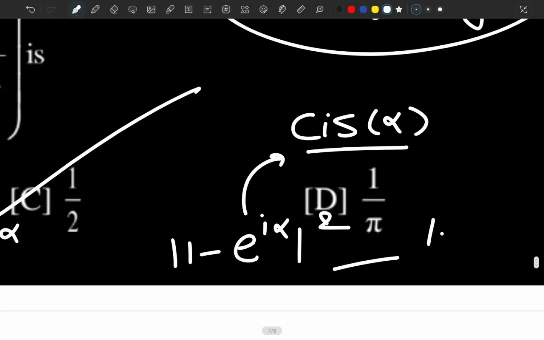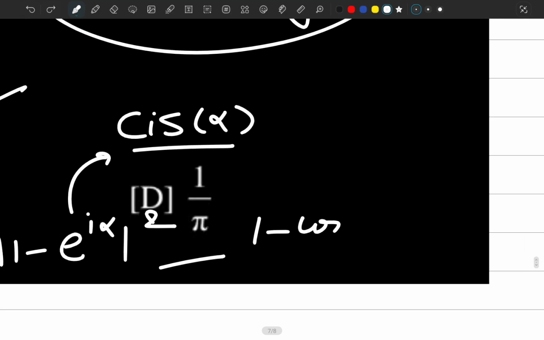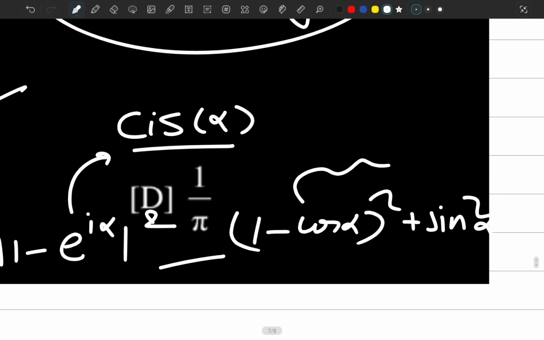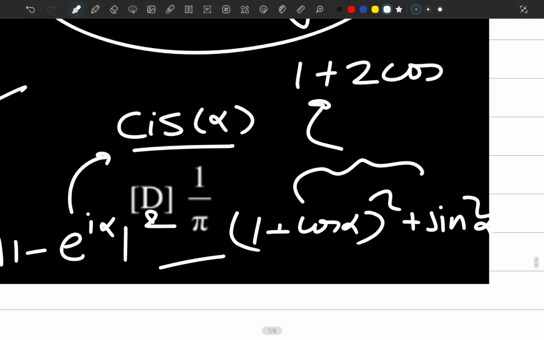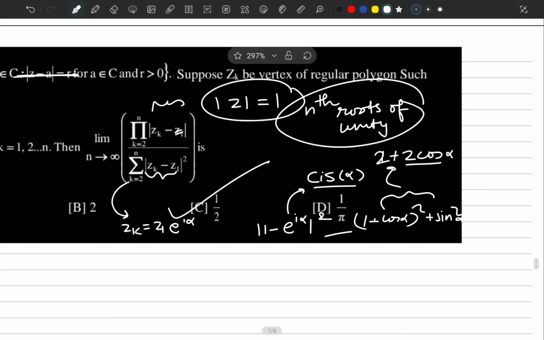Then you have to take the mod, 1 minus cos alpha squared plus sine squared. Then this will become, I guess, 2 plus 2 cos alpha it will become.